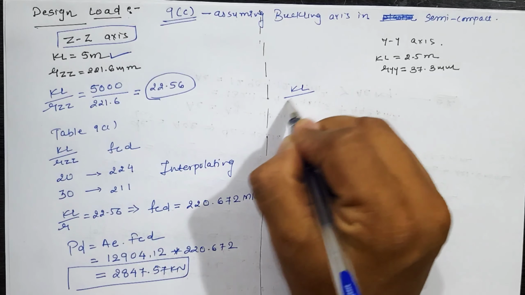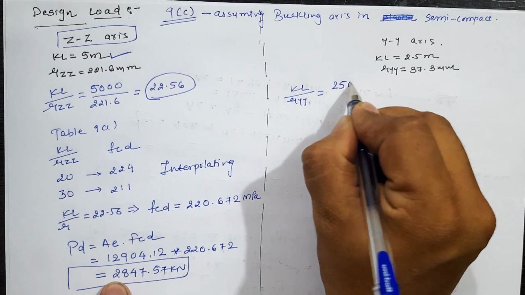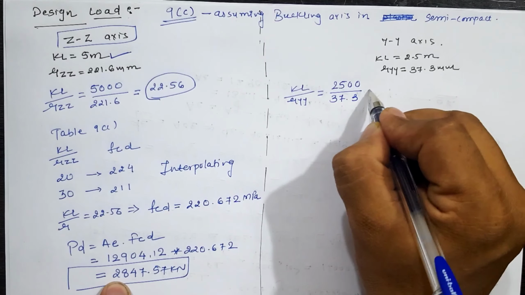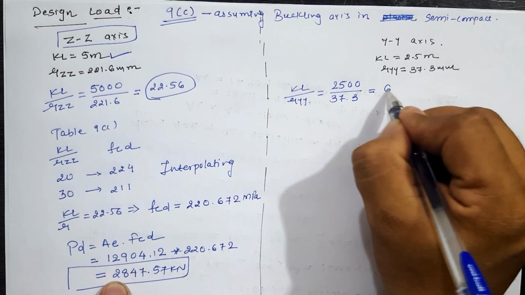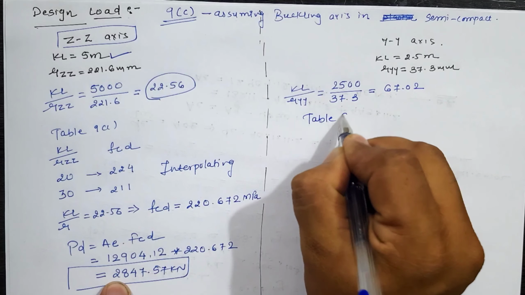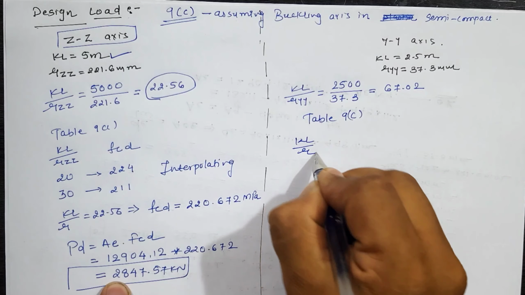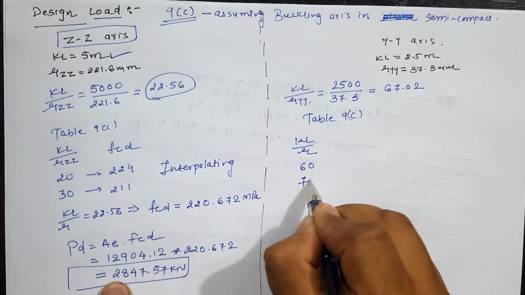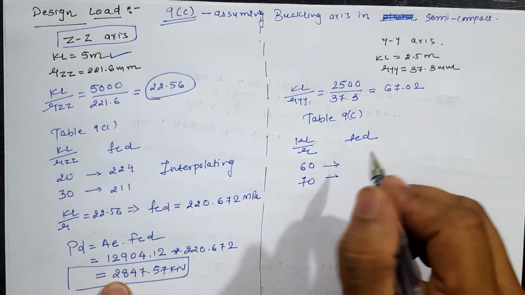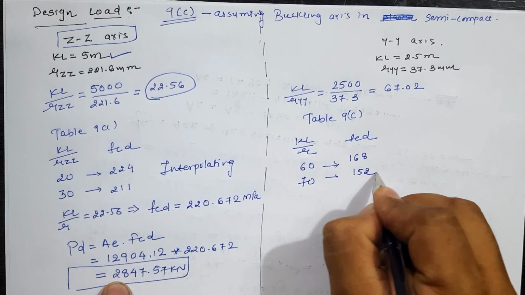So first, KL by ryy. Now KL is given as 2.5 meter and ryy is 37.3 mm. So the value is, again from table number 9C, the KL by r value ranges from 60 to 70. We have fcd as 168 and 152.